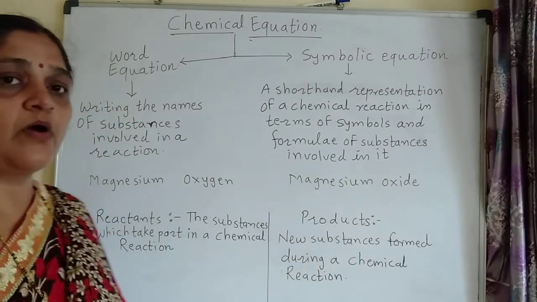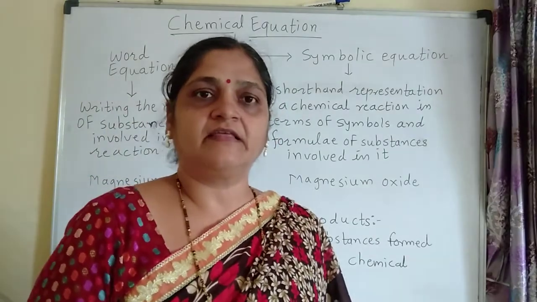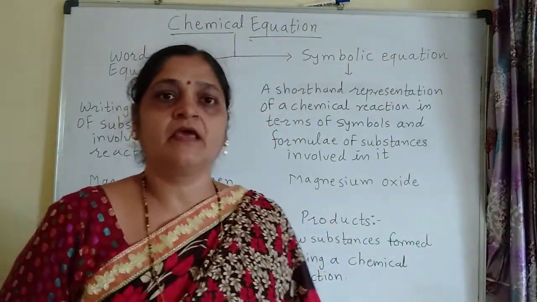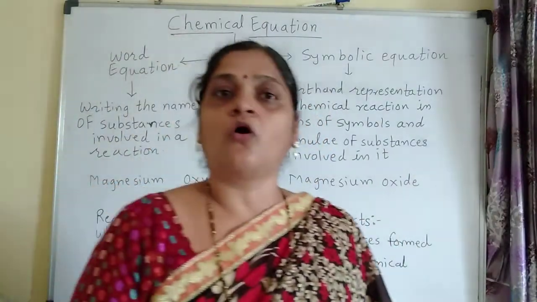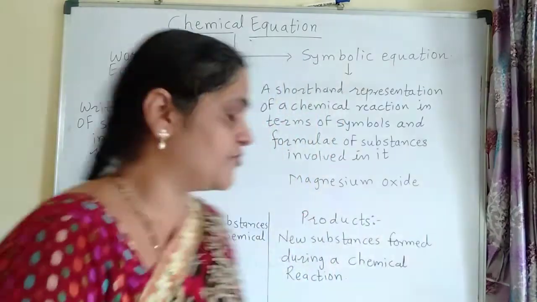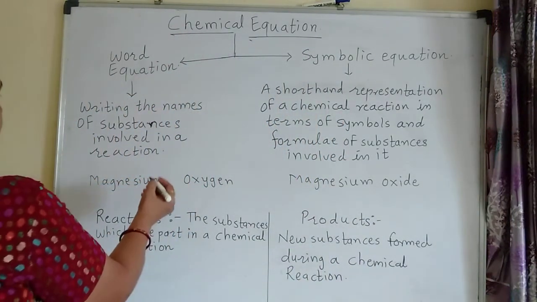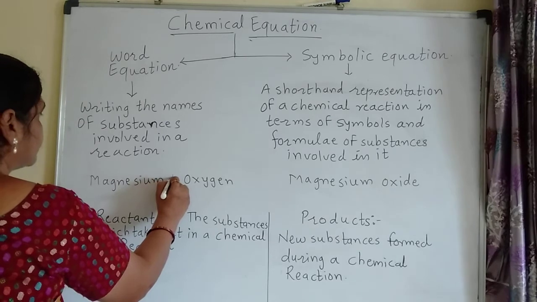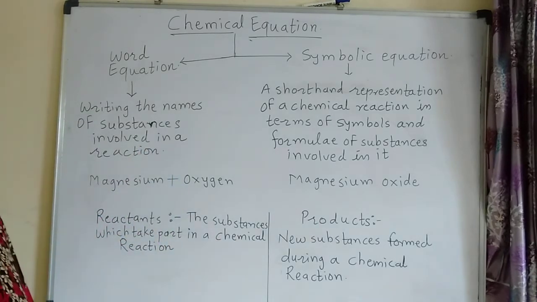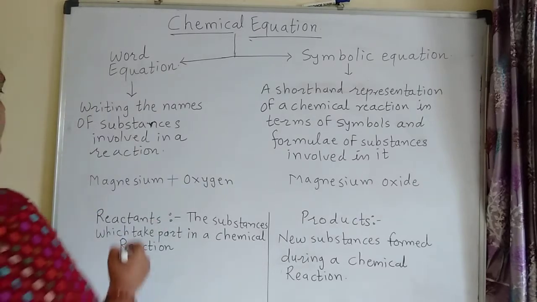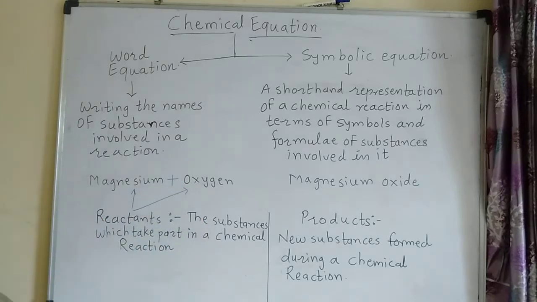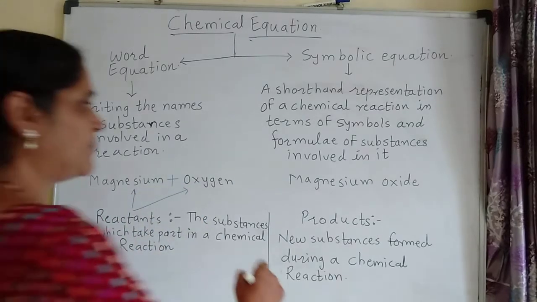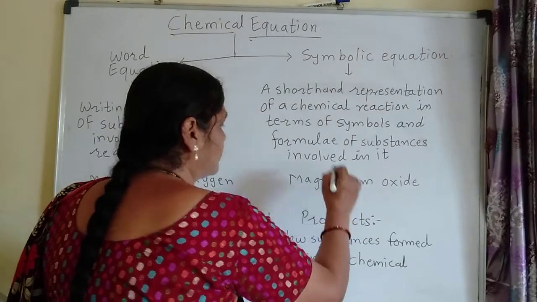Now when you are writing this reaction in the form of a word equation, there must be a plus sign between two or more reactants. So here magnesium and oxygen are the reactants. I am putting a plus sign between magnesium and oxygen. Magnesium is a reactant, oxygen is also a reactant. Now which is the product? The product is magnesium oxide.